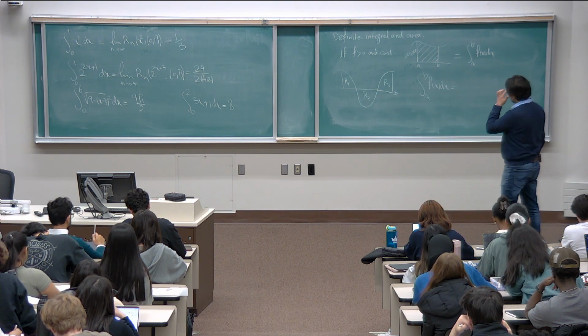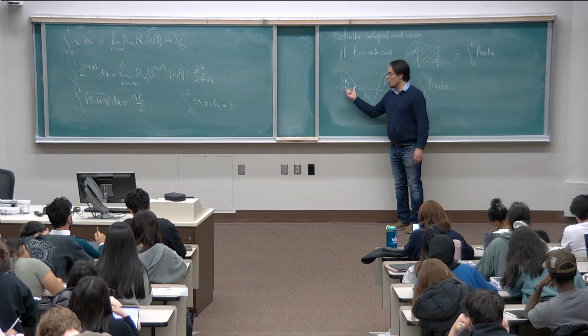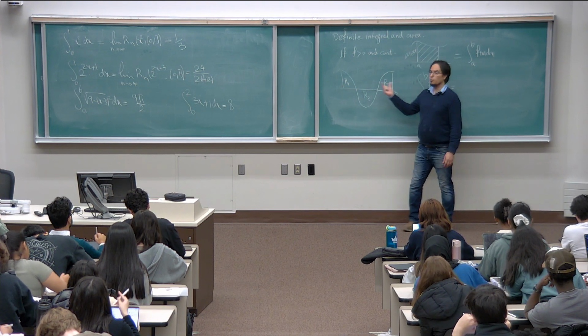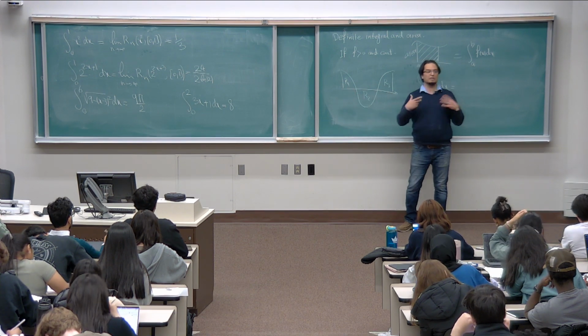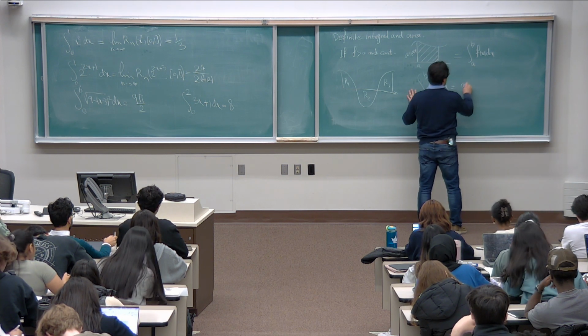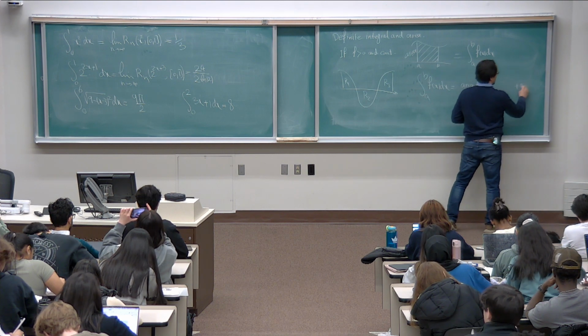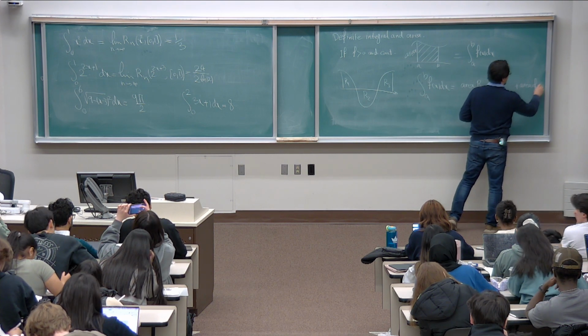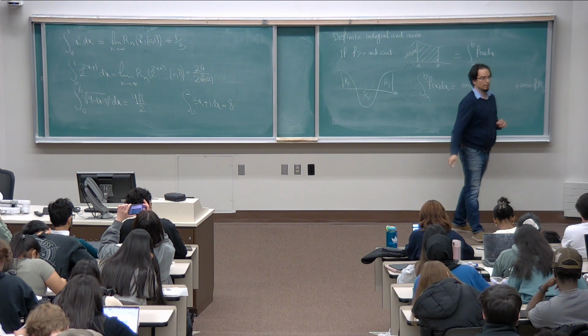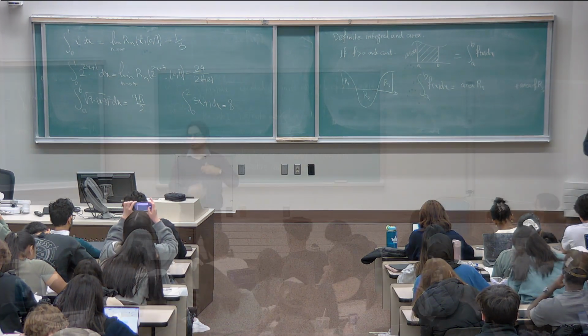Okay, in that case, what I can say is that the positive sides will still contribute as area. In other words, this will be the area of R1 plus the area of R3. But what will happen to the part that is under the x-axis?